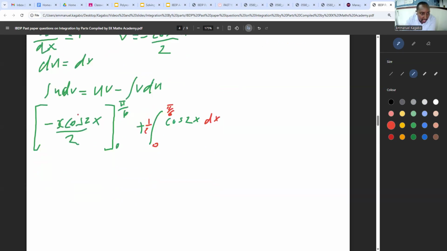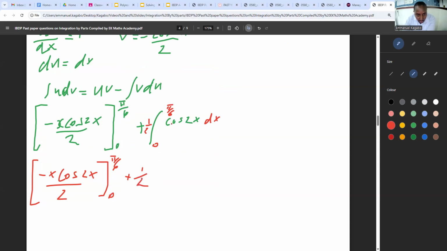Now, next, can I try to simplify this? Because this is fine. Or I can do it on the next line. So it's minus x cos 2x over 2, and my bracket here, pi over 6, and then 0 here, plus it's a half.